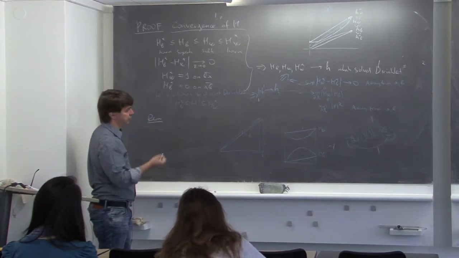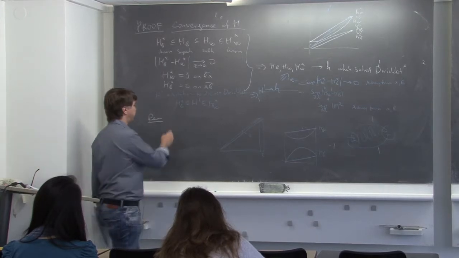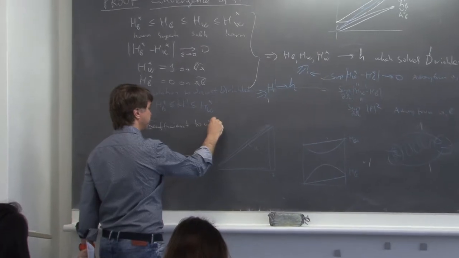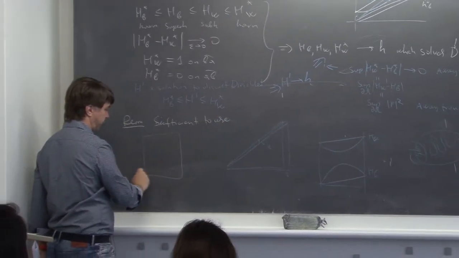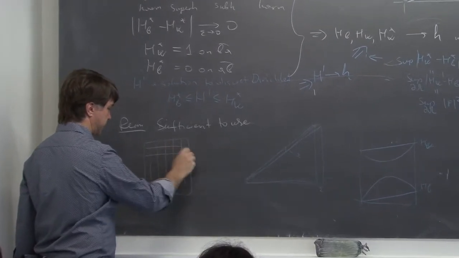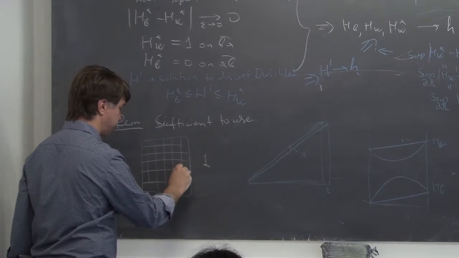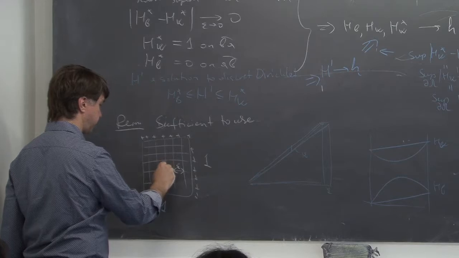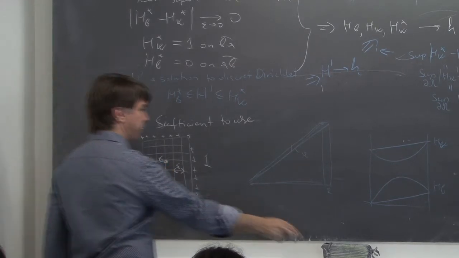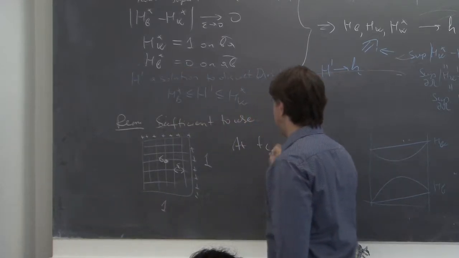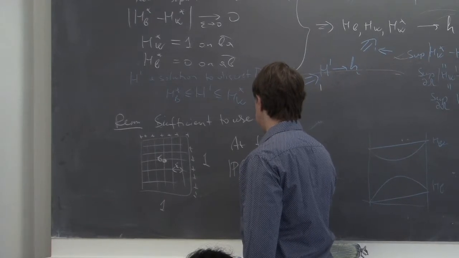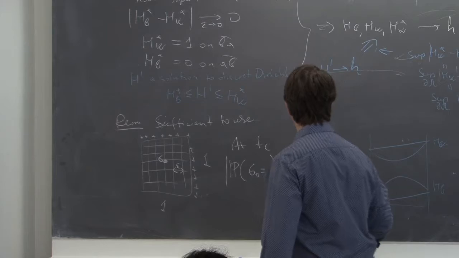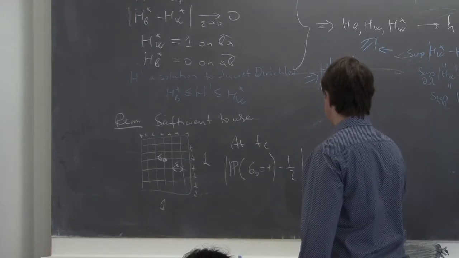Maybe in the second half I can prove it, if need be. But remark that it's sufficient to use the following. If I have a box, let's say 1 by 1, and the mesh is epsilon, and the boundary conditions are plus, and you take a spin at the center, at criticality the probability that the spin at the center is equal to plus, minus 1/2, tends to 0 as epsilon tends to 0.